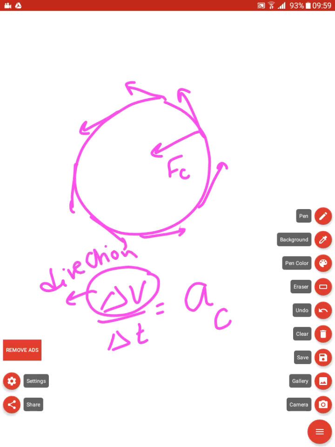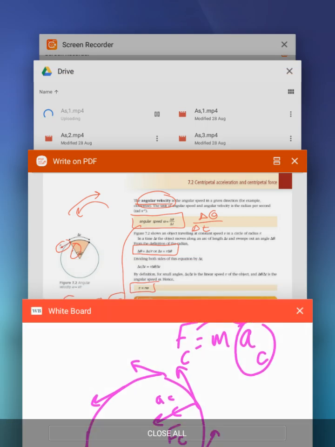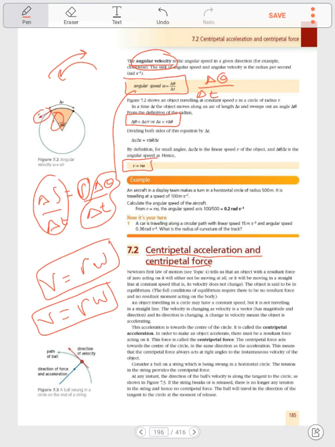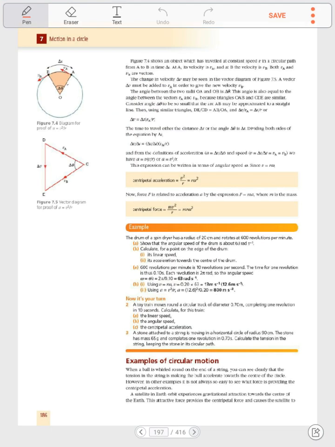According to Newton's second law, F equals ma, so we have a centripetal force because of the centripetal acceleration. The centripetal acceleration equals v squared over R. You have to memorize this; no need to understand how they derive it.